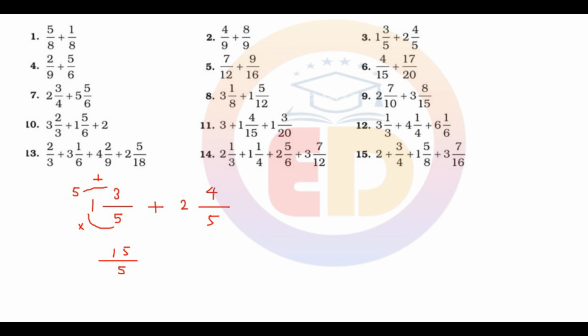Then let us convert 2 whole 4 by 5. 5 into 2 is 10. 10 plus 4 is 14 upon 5.